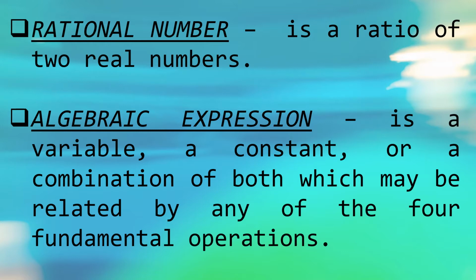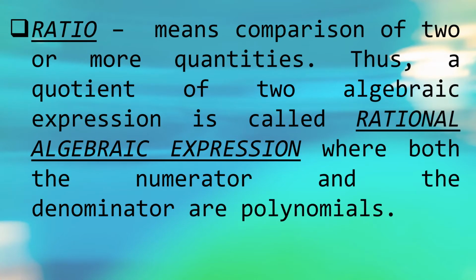What are the four fundamental operations? Those operations are addition, subtraction, multiplication, and division. When we say variable, it is the letter, and when we say constant, it is a number. Ratio means comparison of two or more quantities.